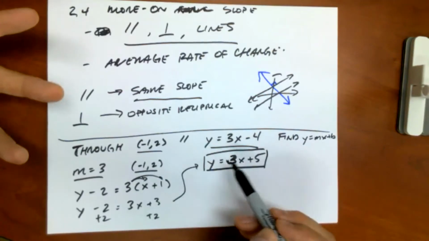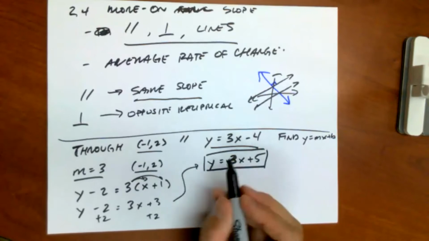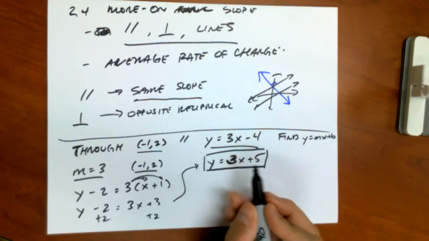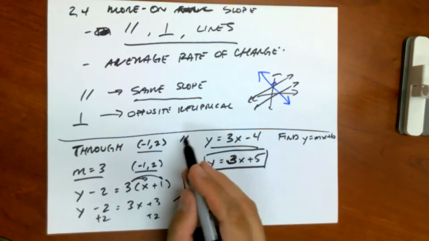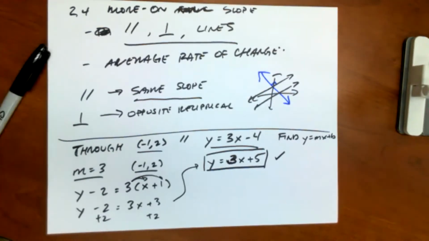So yeah, these lines would be totally parallel. And then does it go through -1, 2? Well, yeah, if I plug in -1 for the x value, -1 times 3 is -3, plus 5 gives me back y equals 2. So I know that that line is parallel to y equals 3x minus 4, and it goes through -1, 2. We found our line, okay?